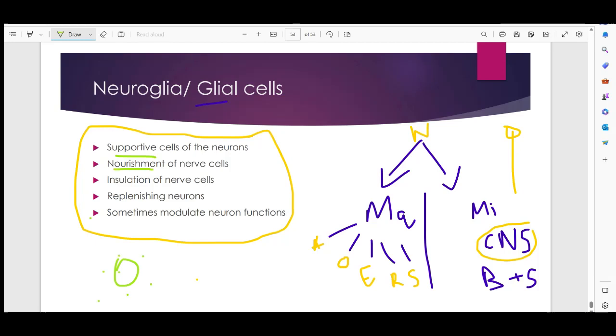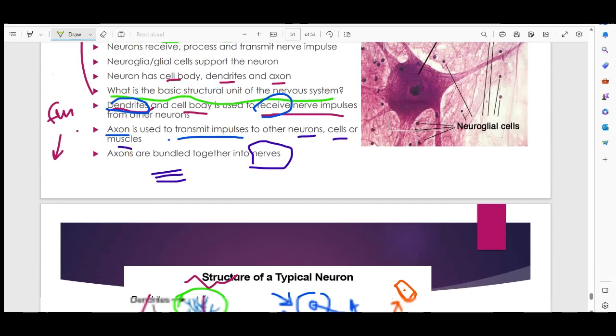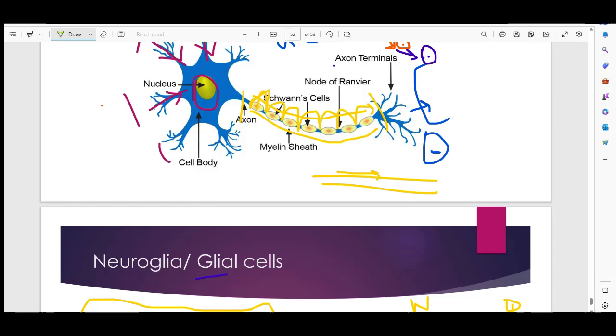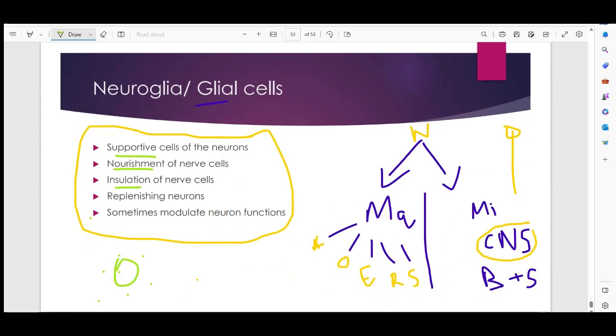So it's providing nourishment, providing insulation. Insulation means this yellow color covering, and replenishing means restoring. What we mean by restore is that when something is imbalanced, it takes it back to the original level. If certain things are not at the proper balanced level, these glia cells support the neuron to come back to its original, normal state.